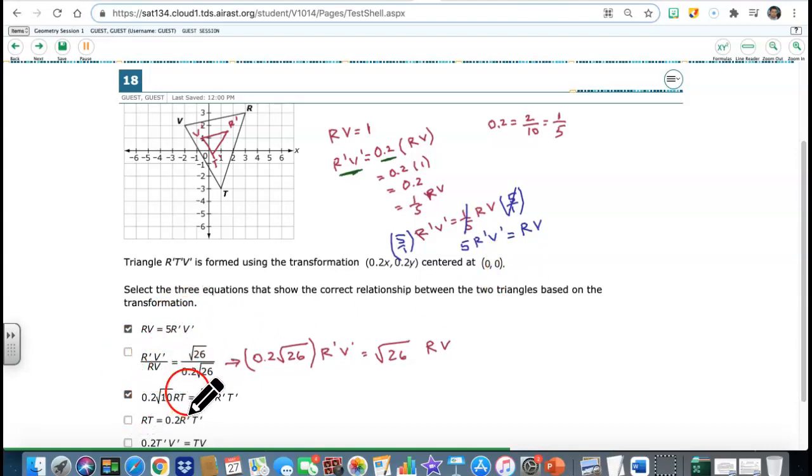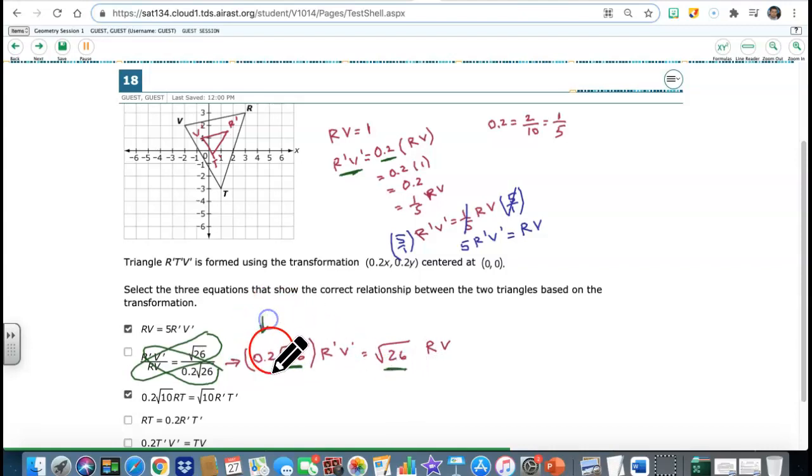Let's look at the second one. This is a ratio, but can I tell from here? No, I have to cross multiply: 0.2 square root of 26 times R prime V prime is equal to the other diagonal, square root of 26 times RV. Don't get confused with the square root. It's the same thing on both sides, so it's just a number.